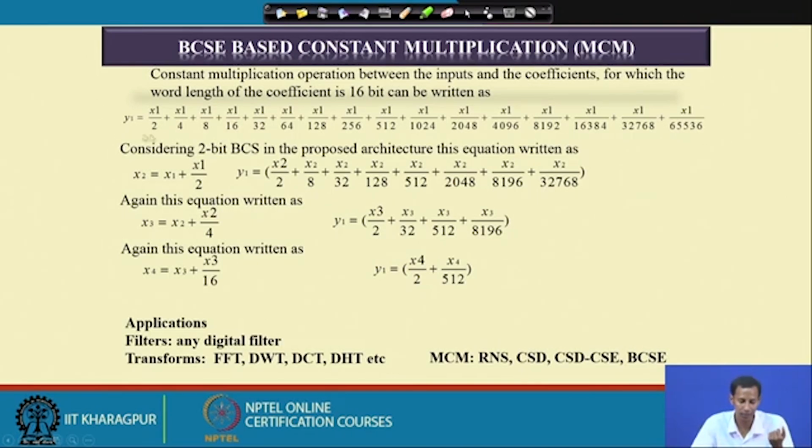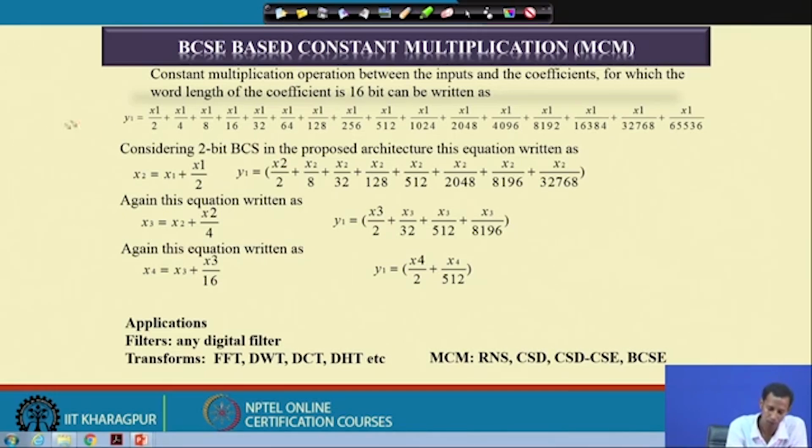Okay. So, 16 bit means if this input is x1, they are of 16 bit, and this y1 is basically A into x1. How can I write this y1?